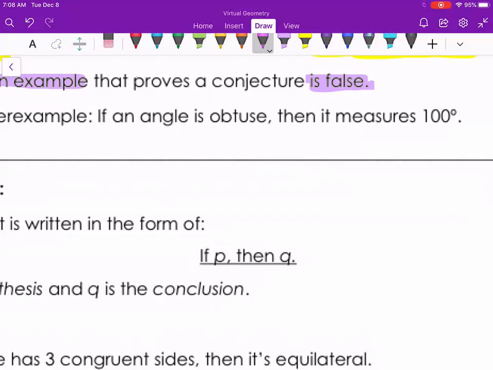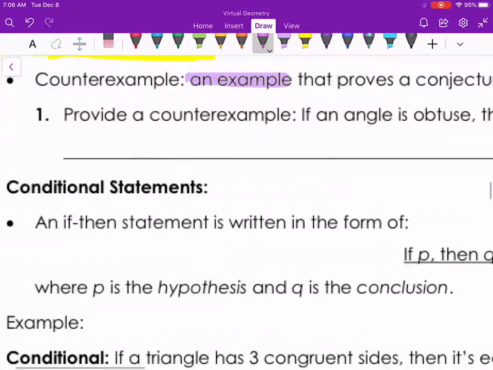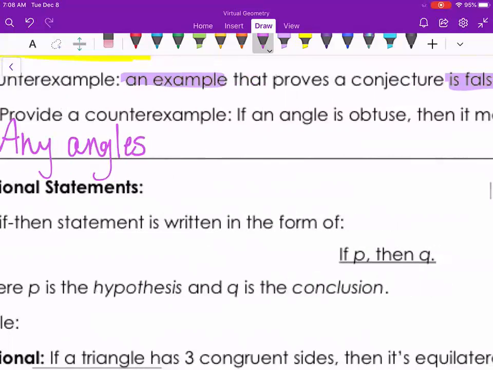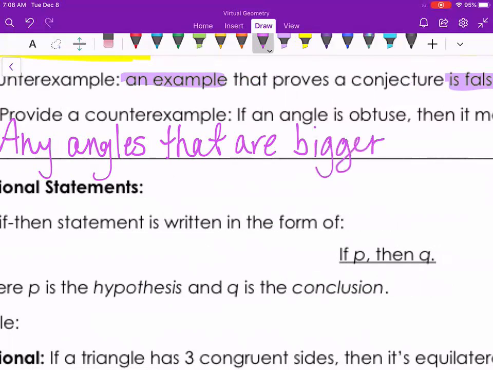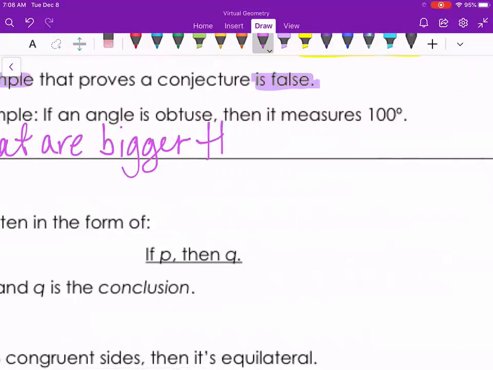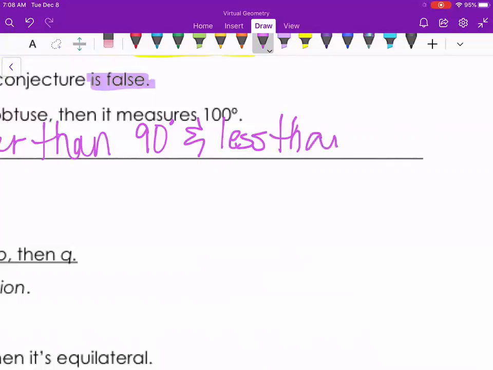That is a false statement, because we can have any other angles that are bigger than 90 and less than 180.